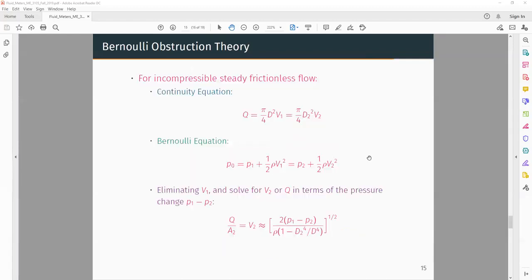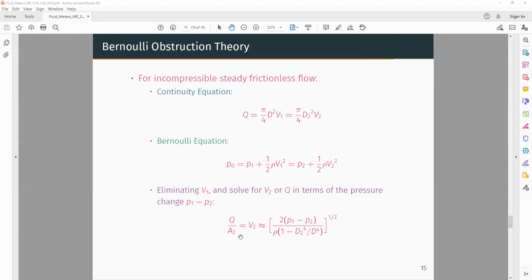So if we compare those two, in case of incompressible steady frictionless flow, we can get another relationship of V1 and V2. If we solve V1 and V2 from these two equations in terms of pressure change, we can have this type of equation.